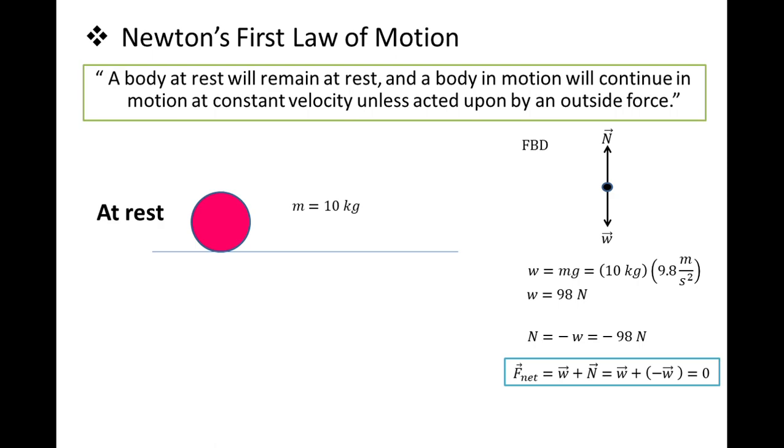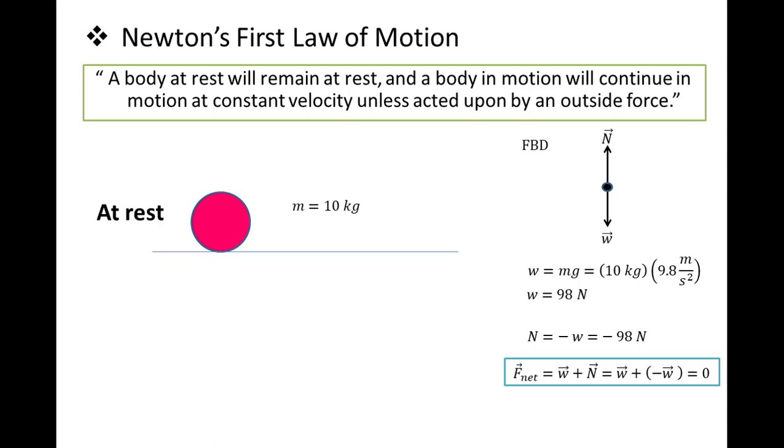When we say downward, it's always towards the center of the earth. The force that the ground or the surface exerts on the box is the normal force, and it is the force balancing the weight in order to keep the box at rest. That means the normal force is also 98 newtons, but its direction is opposite to the weight force.